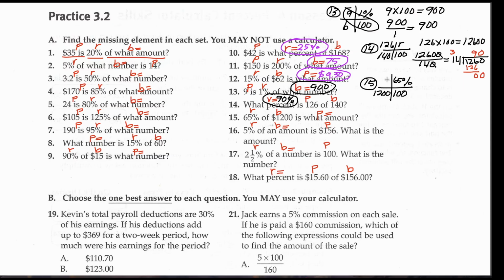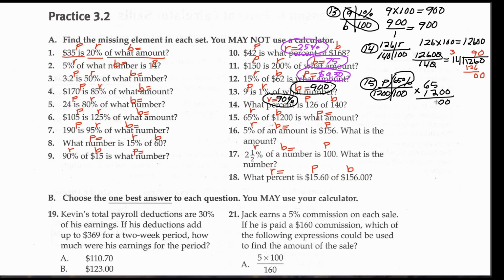And we don't know the P. So these are the two numbers that we need to multiply. So 65 multiplied by 1200. Notice I put the two zeros on the outside. So I can just drop those two zeros and just multiply 65 by the 12.